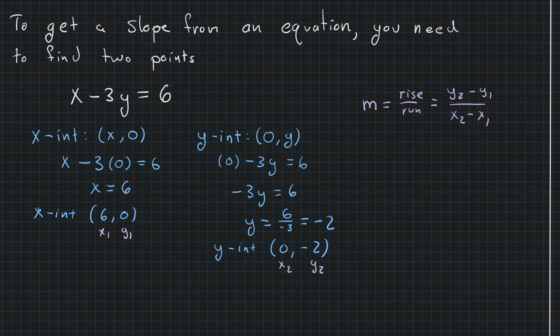It does not matter which order you pick, as long as you associate the x1 and y1 to the same point. So our y2 is (-2), and I put parentheses there just so I can keep track of everything. Our y1 is 0, divided by our x2, which is 0, minus our x1, which is 6. Simplifying this is negative 2 over negative 6, which is equal to 1/3. So our slope of this line is 1/3.